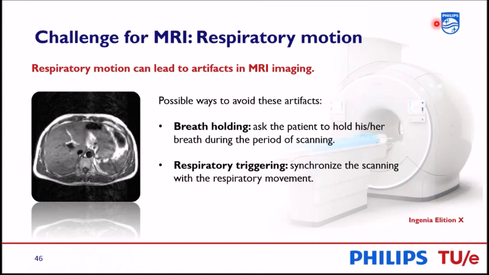There are two possible ways to avoid these artifacts. The first is breath holding, asking the patients to hold their breath during the scanning, but this is not preferred. The second is respiratory triggering, which tries to synchronize the scanning of the MR machine with the respiratory movements.